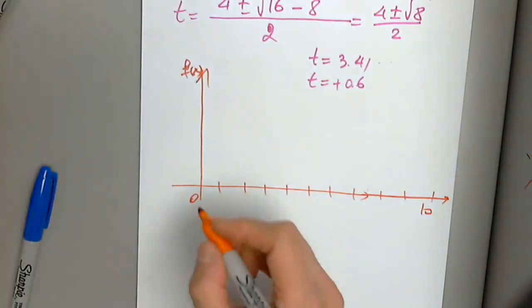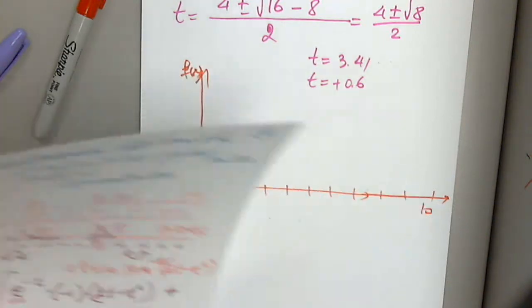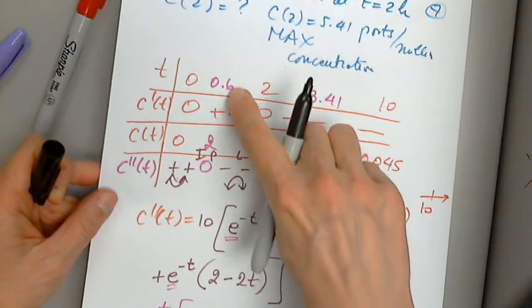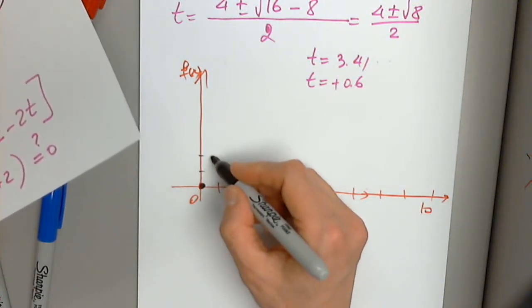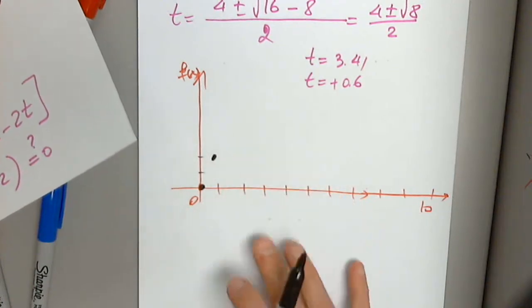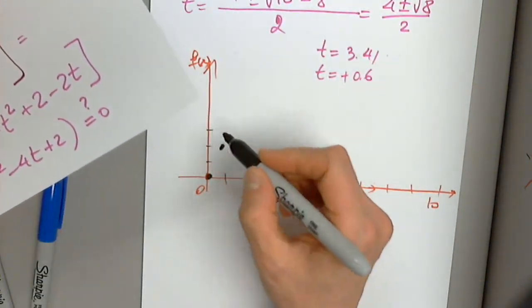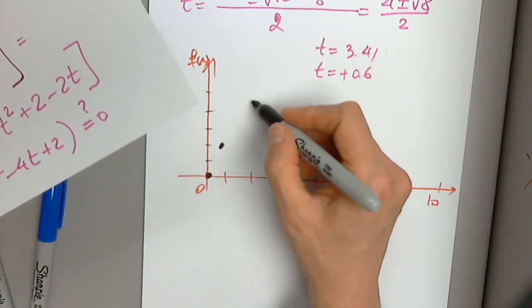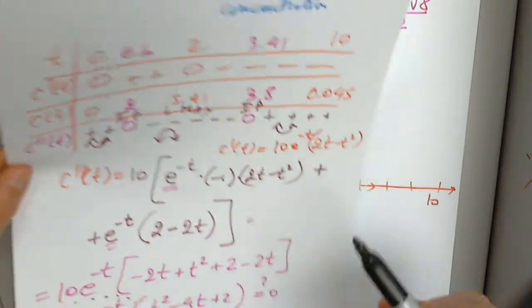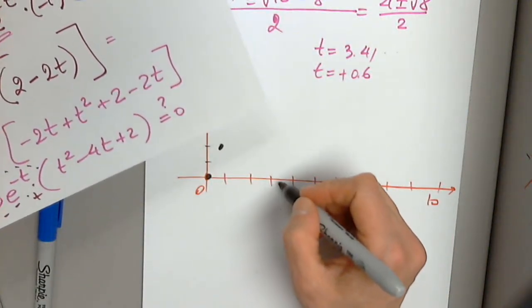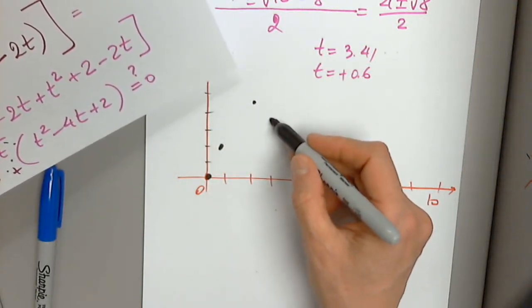Ready? I will plot the point 0, 0. Let me use a different color. I will plot 0.6 comma 2. I will plot 2 comma 5.41. I will plot 3.41 comma 3.8. 3.41 comma 1, 2, 3, 4 here.